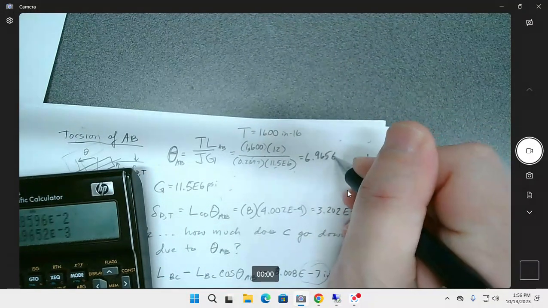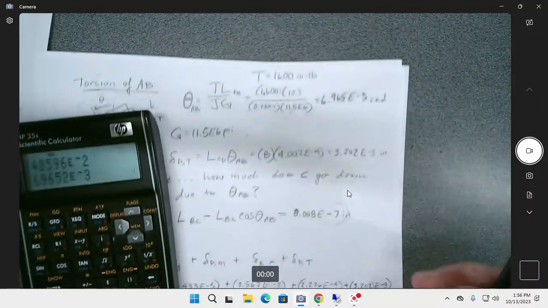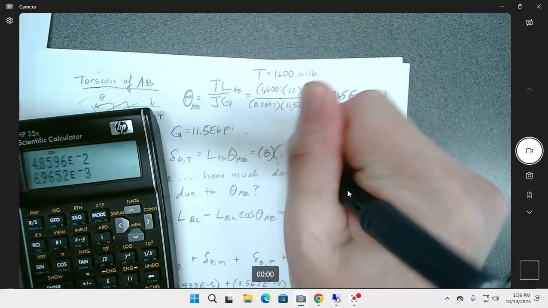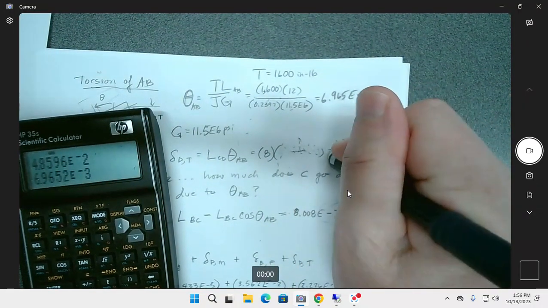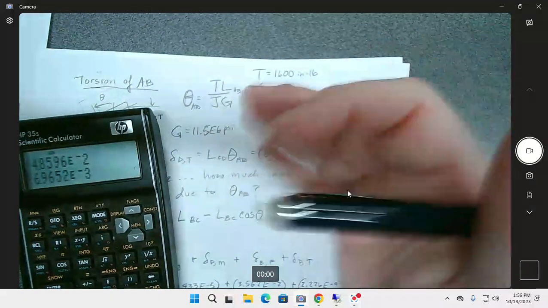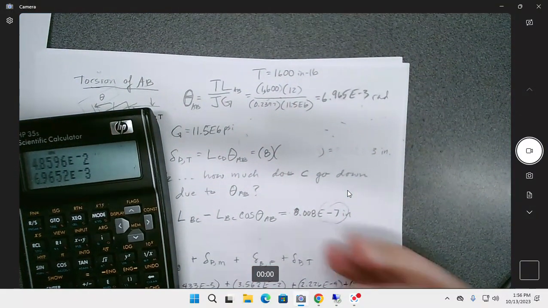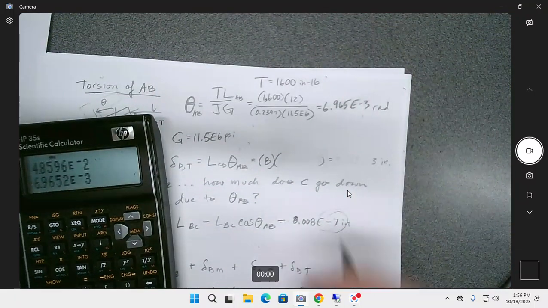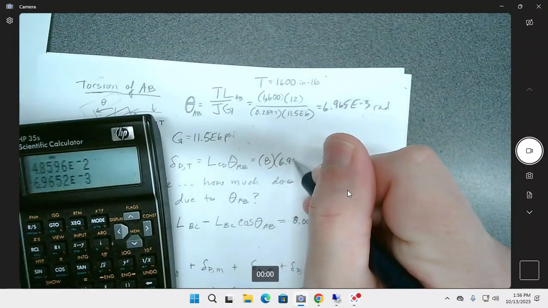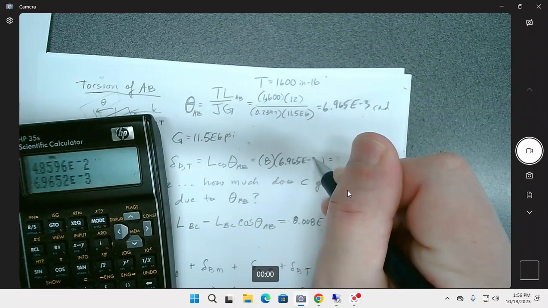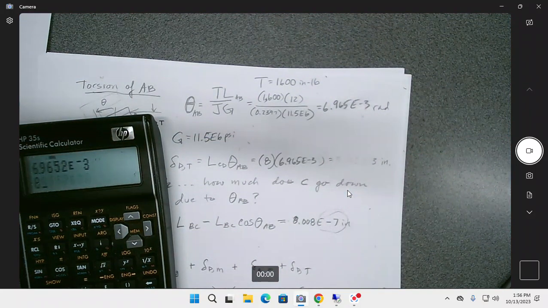6.965 E minus 3. Right, so that's going to be a significant difference here. So 6.965 E minus 3 times 8.